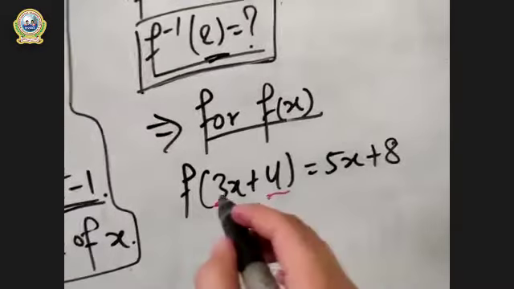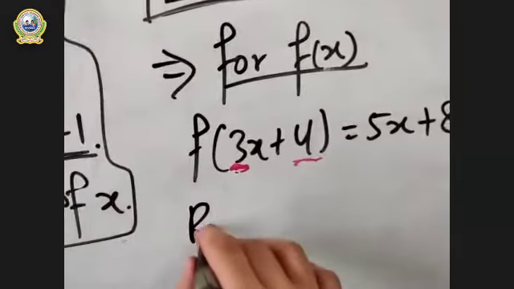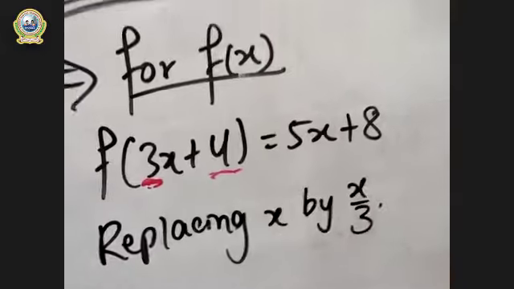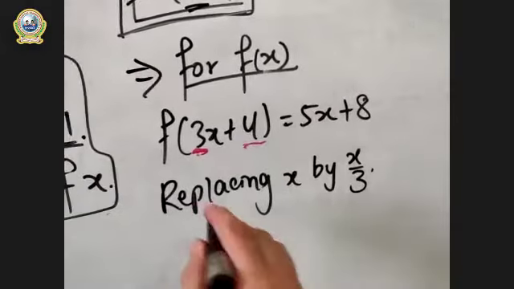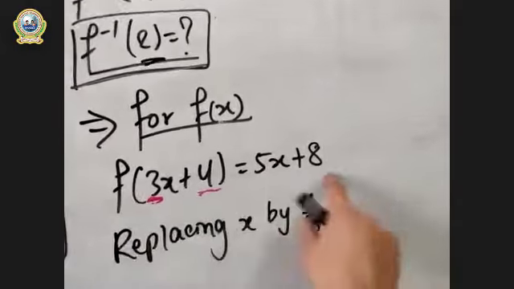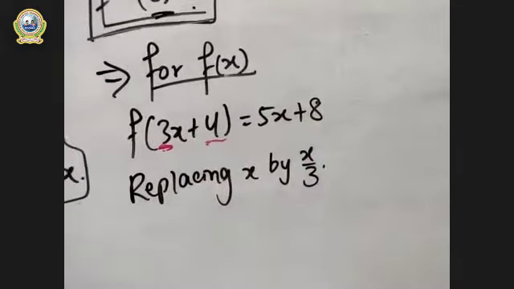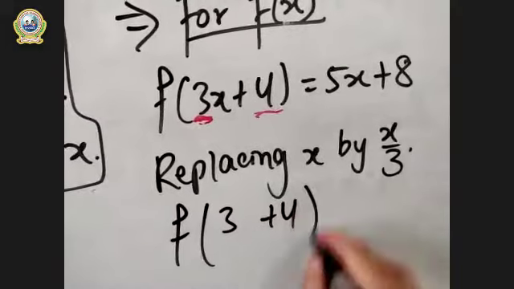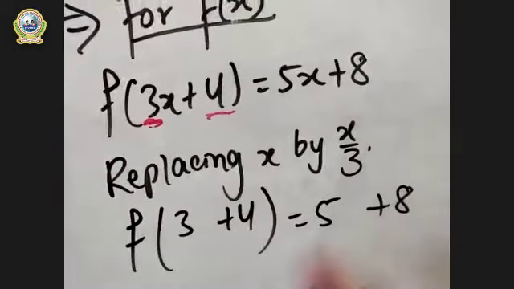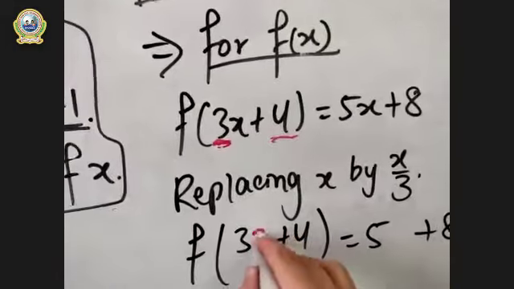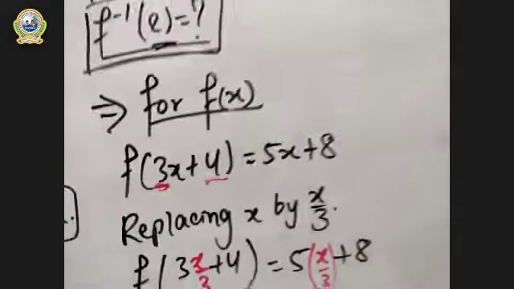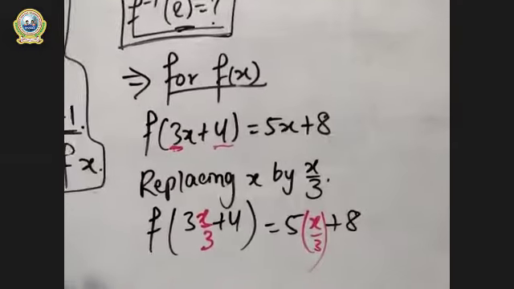So to remove 3, what do we need? We need x by 3. Look at here, replacing x by x/3. If you replace x of this equation by x/3, then we will get f(3·x/3+4) equal to 5·x/3+8. Here will be x/3, and even here will be x/3. Did you get what I did just a moment before?